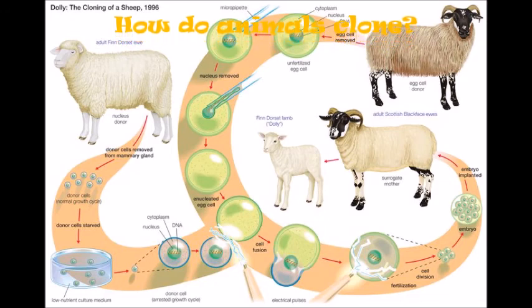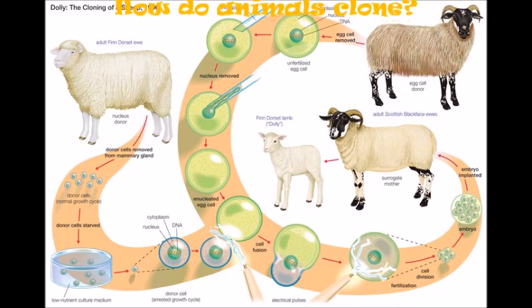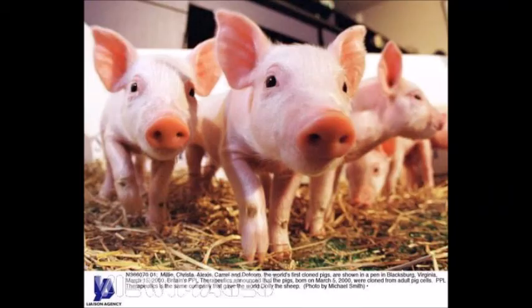The second way is to use an electric current to attach the entire cell to an empty ovum. Then, in both processes, the ovum is implanted in the womb of an adult female animal to develop the organism.